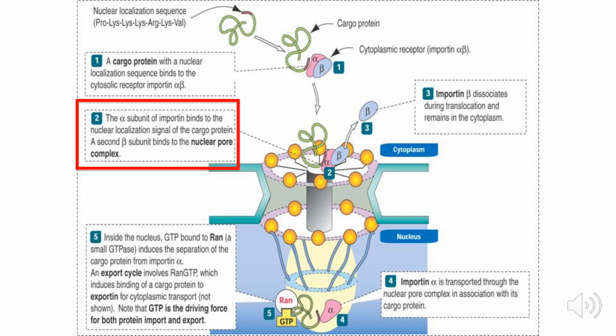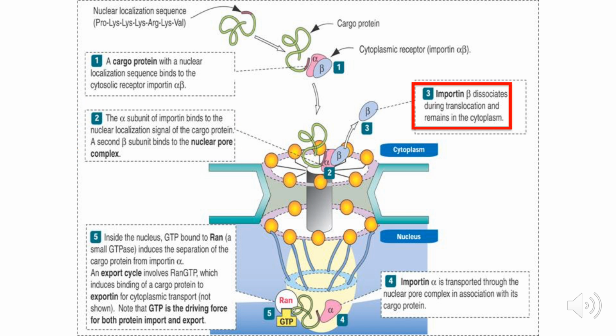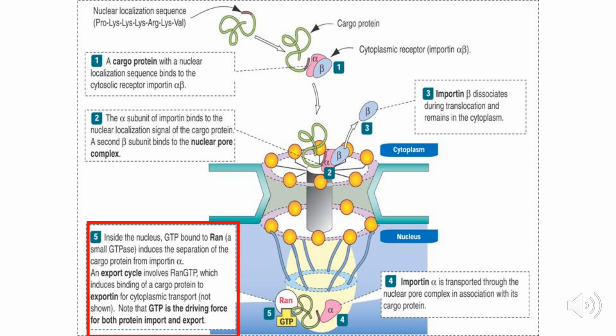But before the complex will be able to enter the nuclear pore, the beta subunit will dissociate. And what will only go through the nuclear pore are the protein with the nuclear localization signal and the alpha subunit. Once inside the nucleus, the protein and the alpha subunit of the importin will interact with RAN-GTP as shown in the picture.